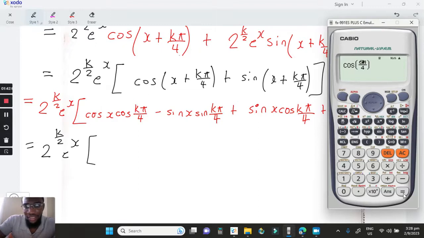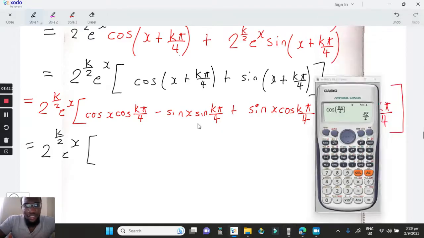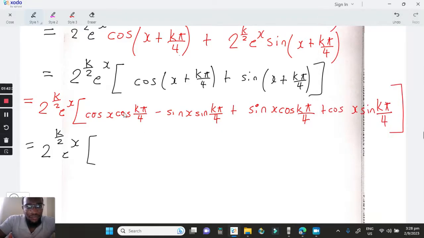What if k was 6? What if k was 7? What if k was 8? What if k is 9? What am I saying? So we notice, when we're evaluating this part, it is a tricky part now.